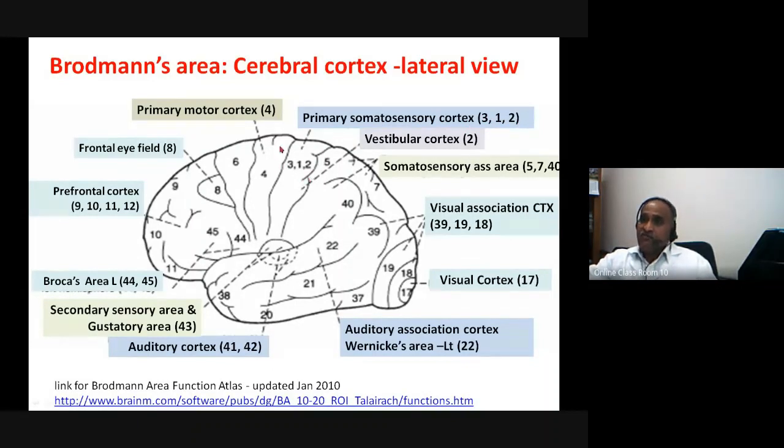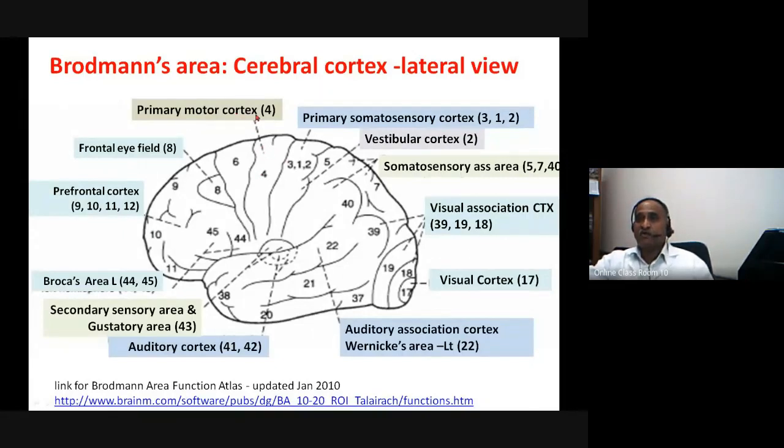Then area 4 is anterior to the central sulcus. Areas 3, 1, 2 are posterior to the central sulcus, and anterior to the central sulcus is area 4. This area is a motor cortex, the primary motor cortex. It is mainly a pyramidal cell layer, where giant pyramidal cells are prominent.